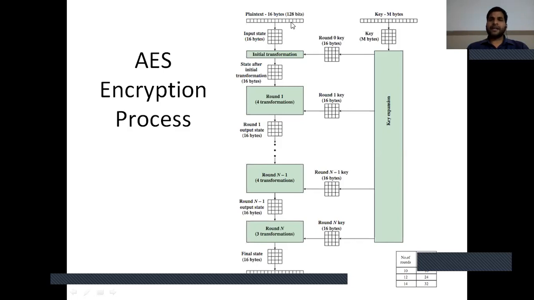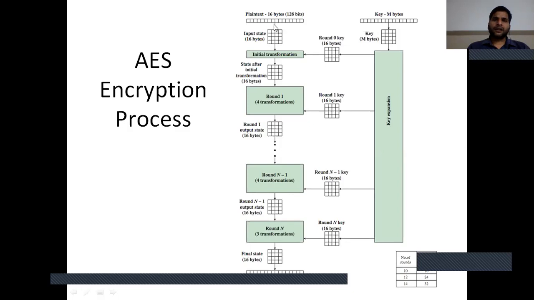Each byte contains 8 bits, so 16 multiplied by 8 gives 128 bits. The input is stored as 16 bytes in a 4 by 4 array, and we apply the initial transformation to it with the help of the round 0 key, which is also stored as a 4 by 4 byte matrix.